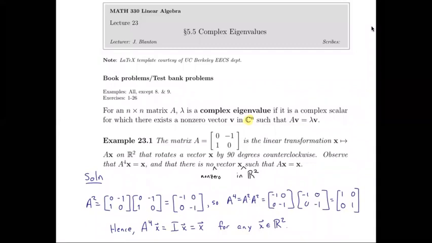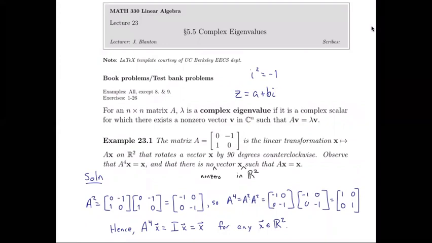Remember, a complex number is a number of the form a plus bi. So Z being a complex number is a plus bi, where i is the imaginary i, the value for which i squared is equal to -1, if you remember that from algebra or complex variables or wherever else we might have seen it.